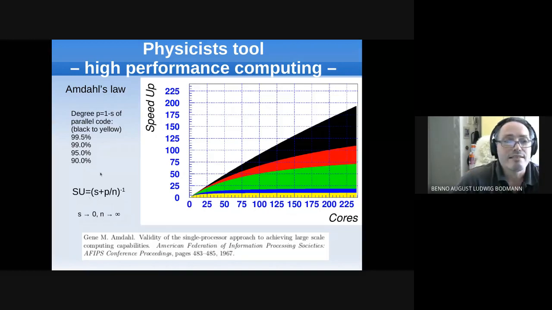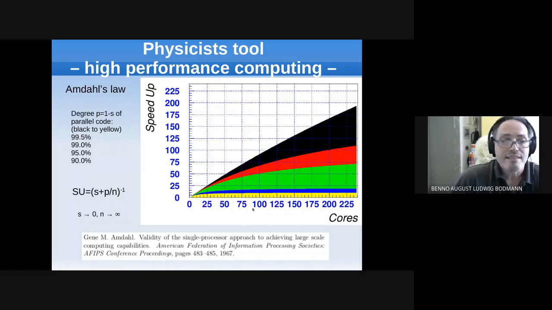If we take, for instance, a degree of parallelization of 90%, which is the yellow line over here, this means we have a serial code of 10%. And if we take, for example, 25 cores or 50 cores, we cannot increase the speedup. The speedup lies below 10 times the time of a single computer.